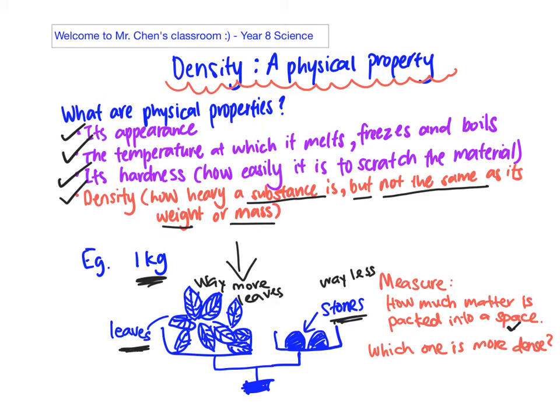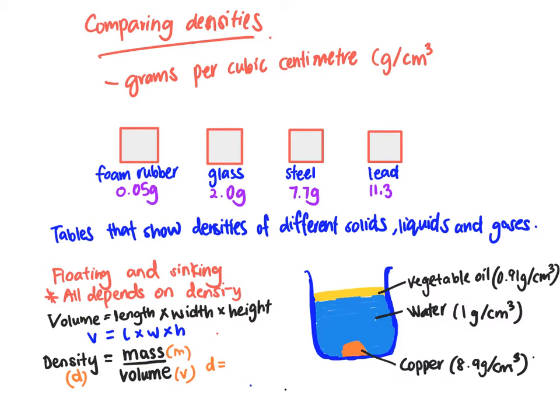Now moving on to the next slide. In the next slides, we're comparing densities to each other. There is actually a formula for density, which will be shown below. But first, we have to show you the units we use to measure density.